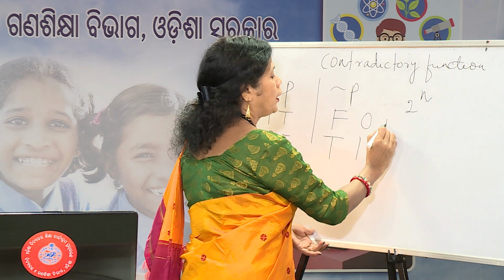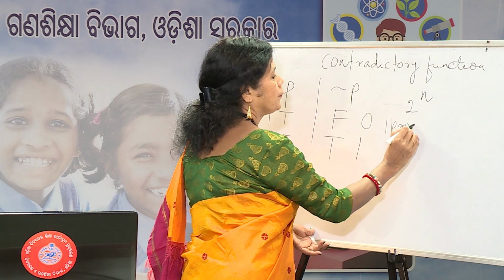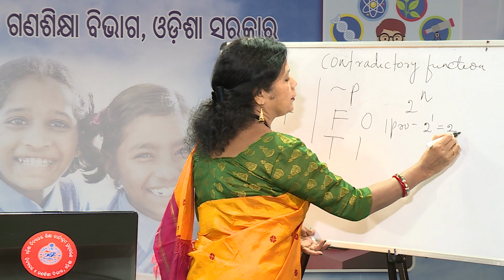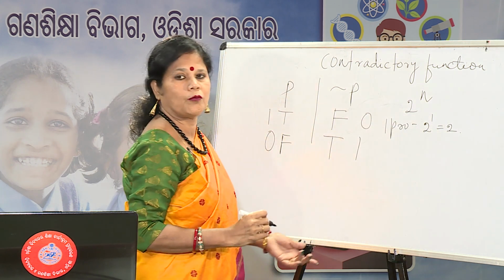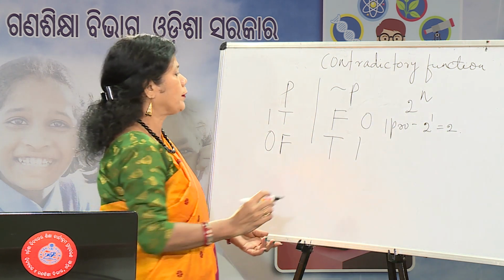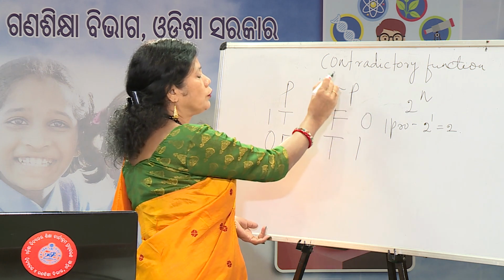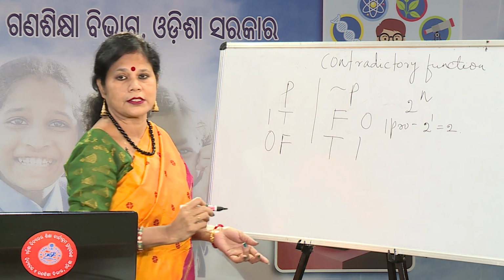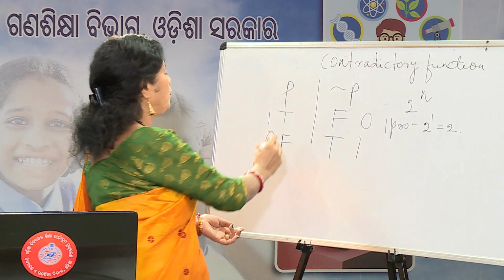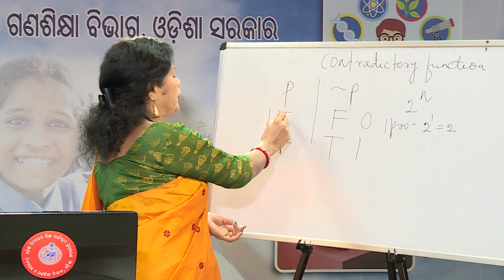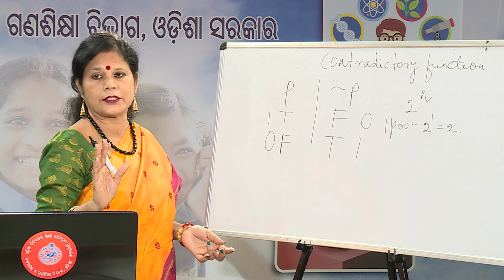So when you have one proposition then you will have only two possibilities, 2 to the power 1, two possibilities. Here the truth value of this contradictory function is determined from two truth values, true and false.